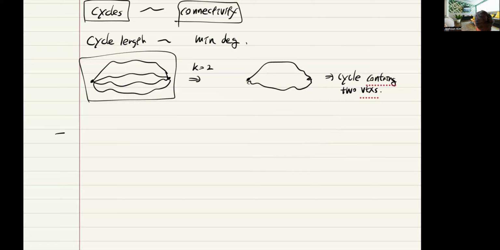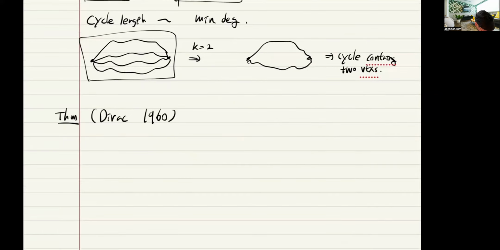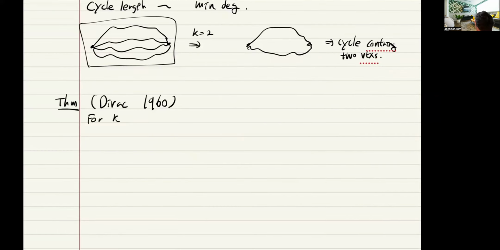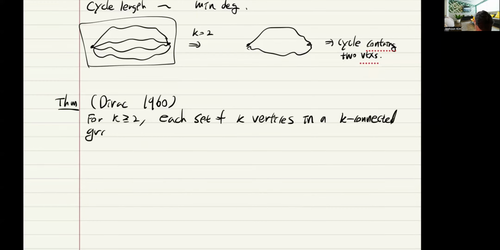And indeed, Dirac in 1960 proved this. For k at least 2, each set of k vertices in a k-connected graph G lies on some cycle in G. That means no matter which k vertices you take, you can find a cycle containing all of them.